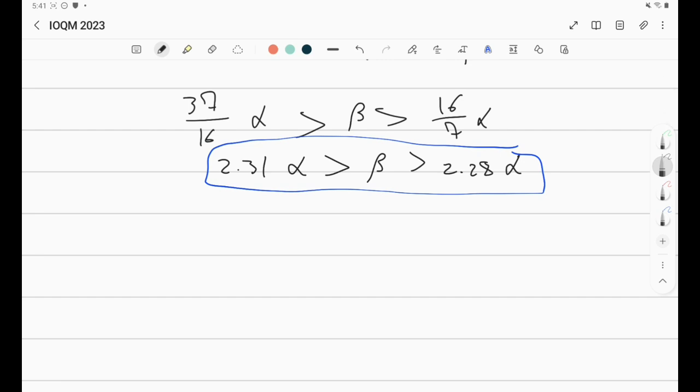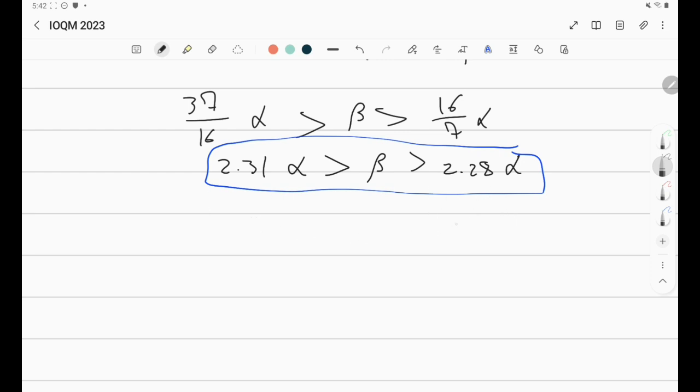If you try alpha equals 1, you will see that there is no number between 2.28 and 2.31. You can try alpha is 2 and see whether there is a number. You will see that there is none, and you will continue. In fact, just by looking at this, we can create an instant solution.